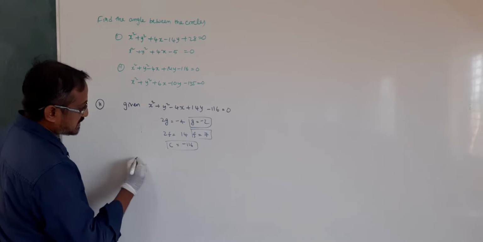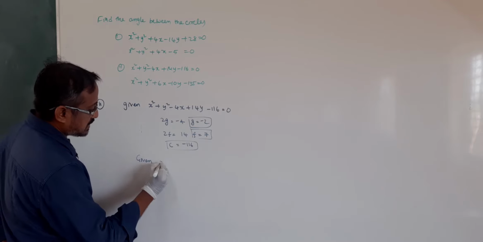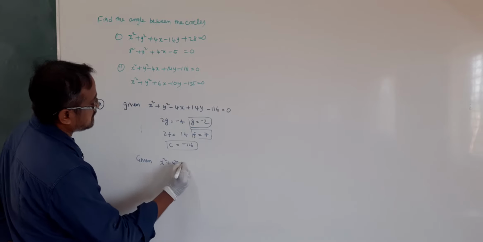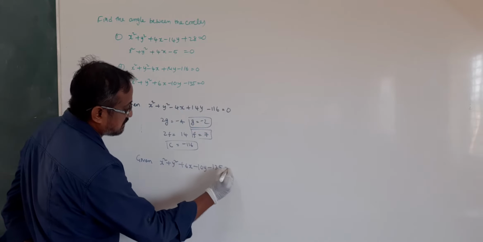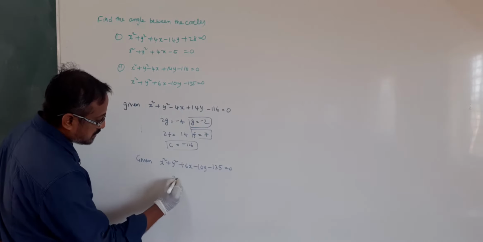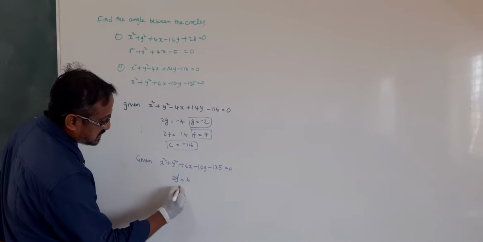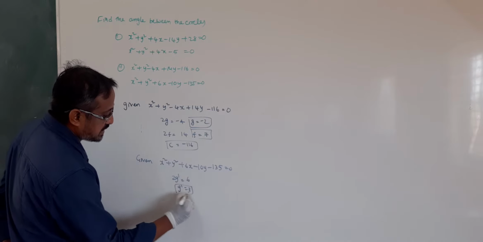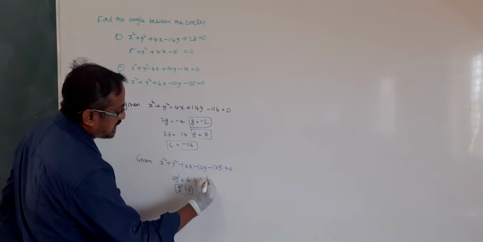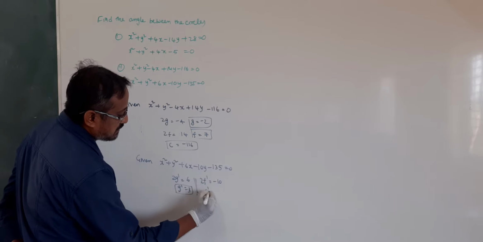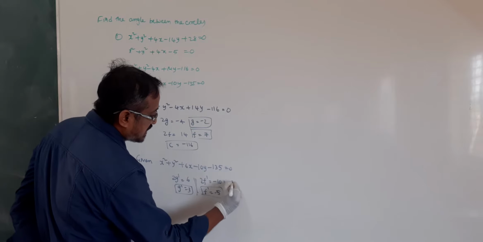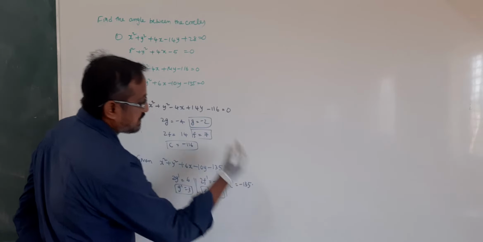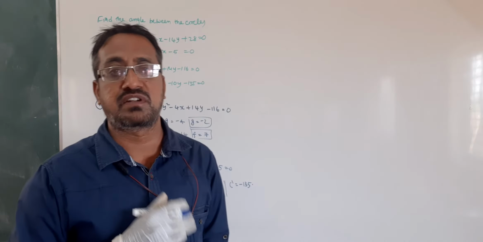You have another circle given x square plus y square plus 6x minus 10y minus 135 equal to 0. Now here 2g' is equal to 6, g' is equal to 3, 2f' is equal to minus 10, f' is equal to minus 5 and c' is equal to minus 135. You have g, f, c, g', f', c'.